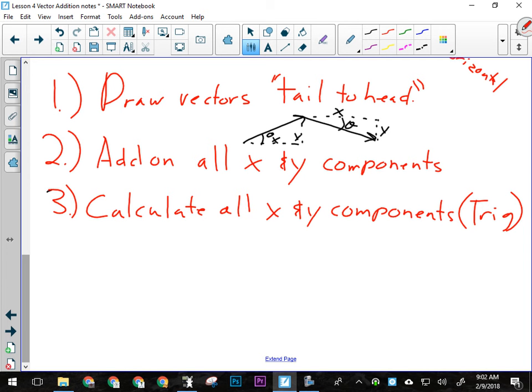Okay, fourth step. Once I have all the x's and y's, I'm going to add the x's together.